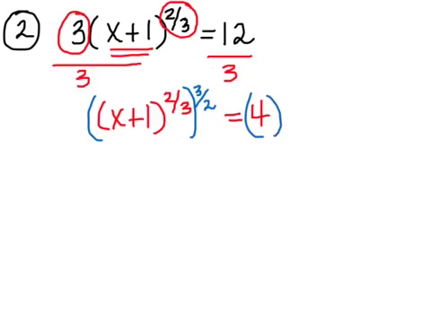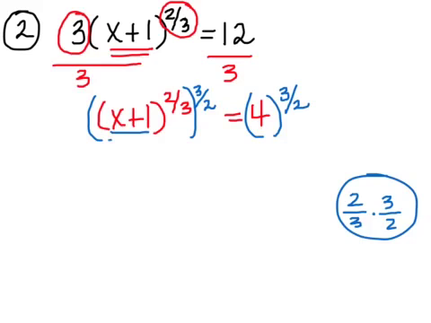And so a 3/2 power is going to be the fix. So when you do 2/3 times 3/2, and the reason you can multiply those is because you have a base being raised to an exponent, being raised to another exponent, and that's when you're allowed to multiply the exponents. You get 6/6, which is 1.